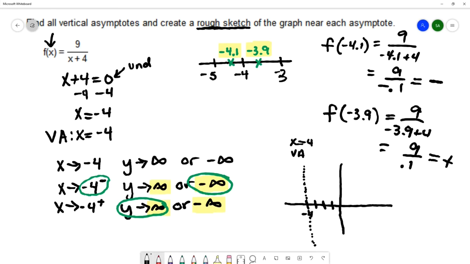As we approach negative 4 from below, we go to negative infinity, so my graph approaches negative infinity to the left of negative 4, and my y values approach positive infinity when I am above negative 4. This gives us a sketch of what's happening near that vertical asymptote at x equals negative 4.